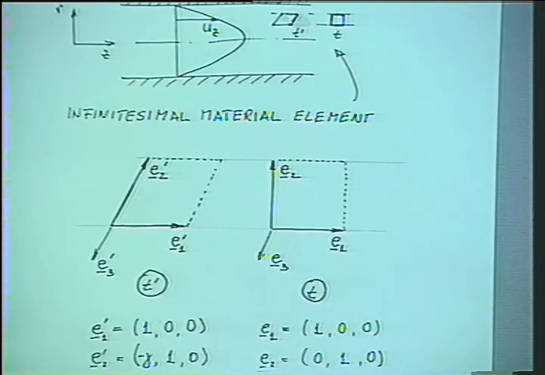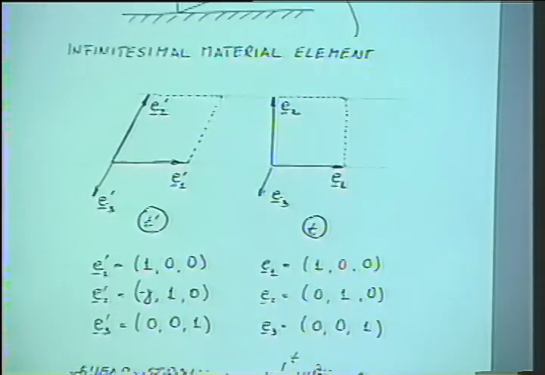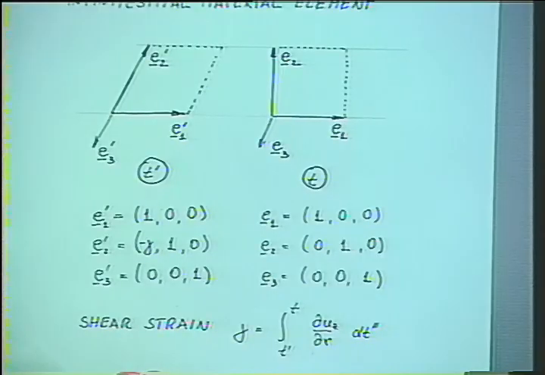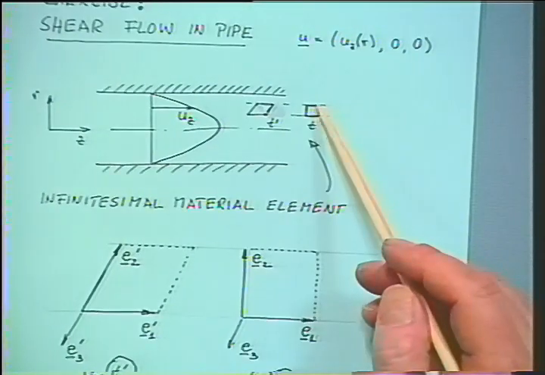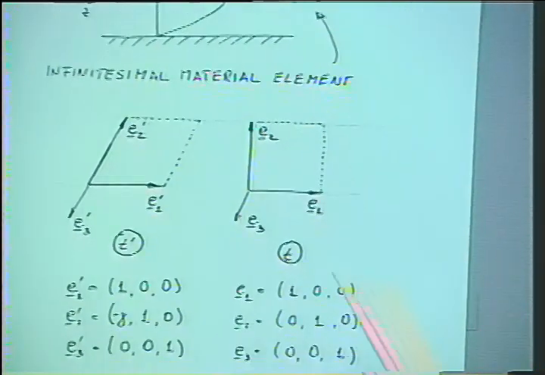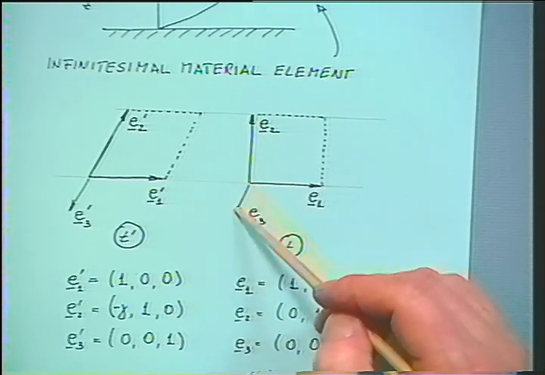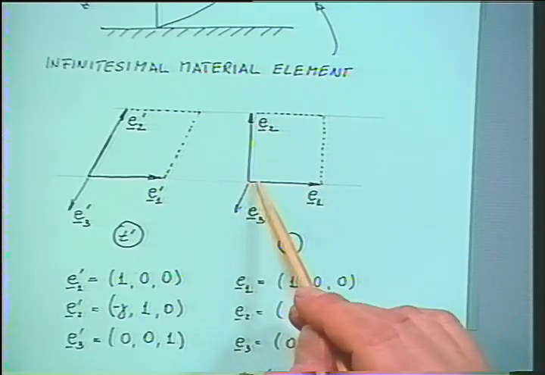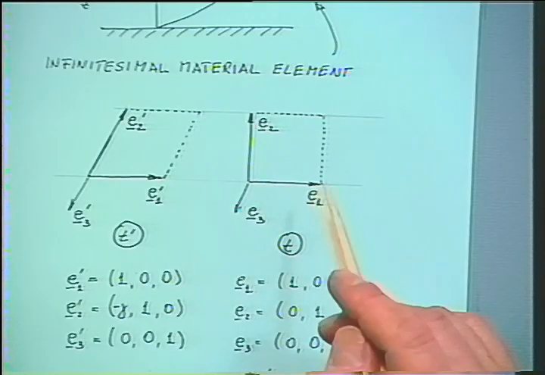For describing the strain of this material element, we can use the method of Lodge now. Lodge suggested that at time t, you would pick a material coordinate system, say, 3 material vectors which are of unit length and which are at right angles.